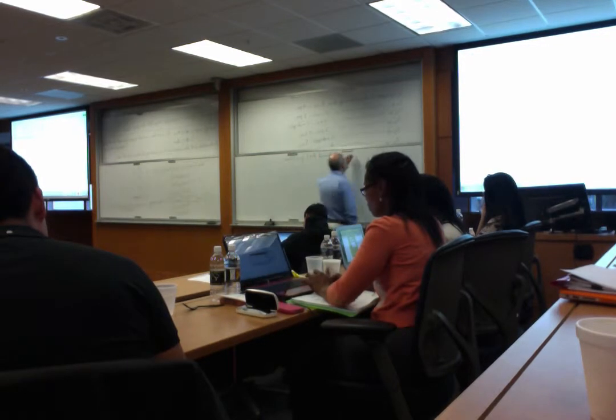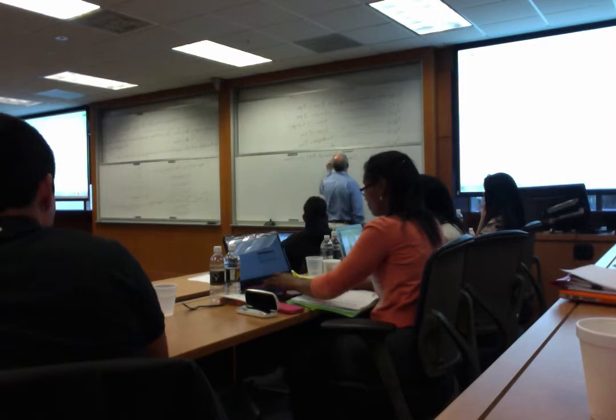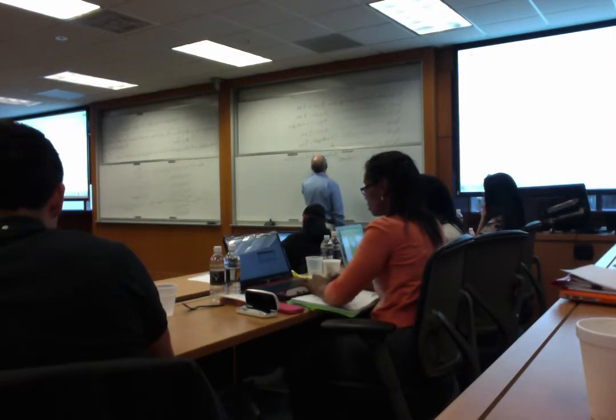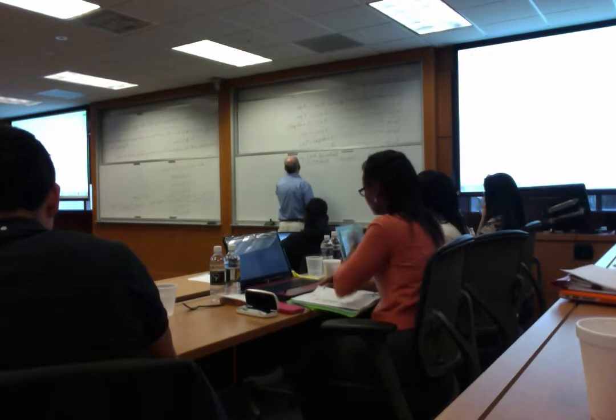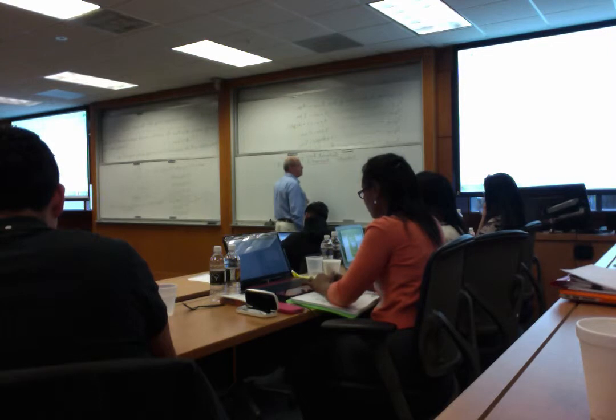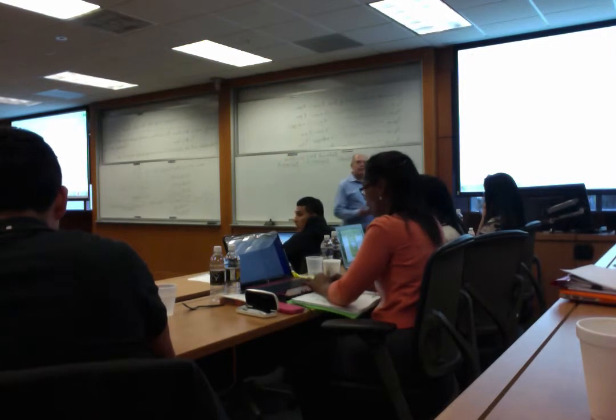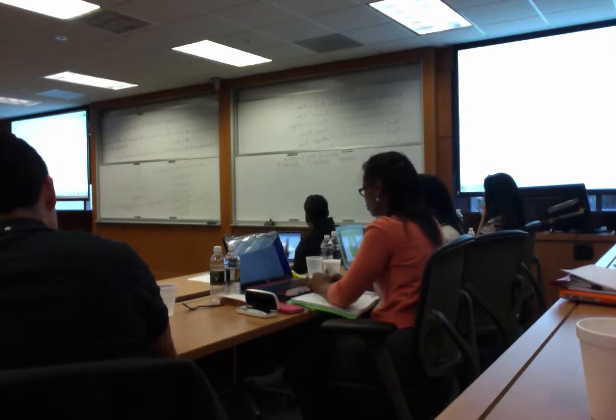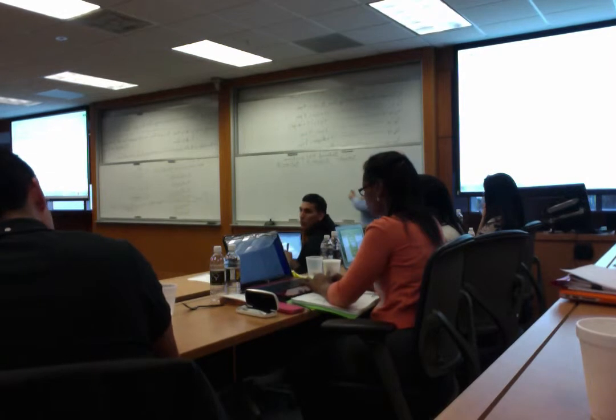Let's call them nutrient 1, nutrient 2, and nutrient 3. So what is the information we have? I'm just putting numbers here.